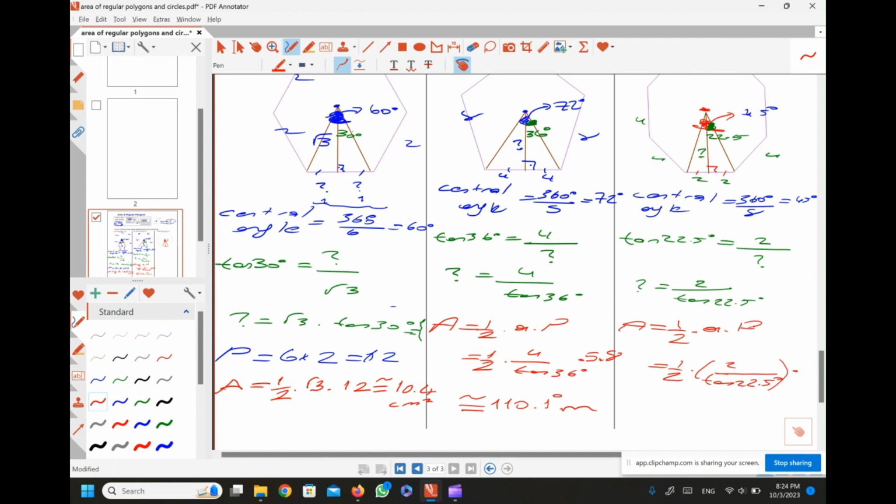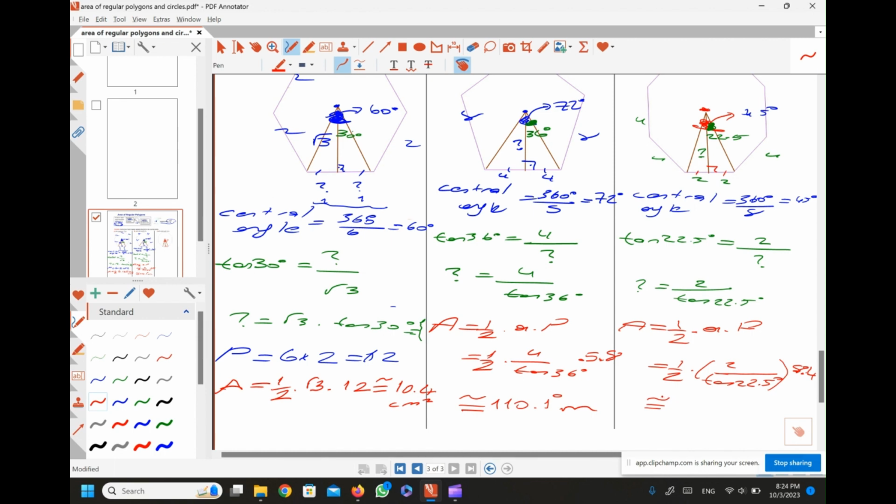Perimeter is the sum of the sides. How many sides do you have? 8 sides. And what is the length of one side? 4. So here you have 1 over 2 times 2 over tangent 22.5 times 8 times 4. Just type this correctly into your calculator. It will give you an approximate result.